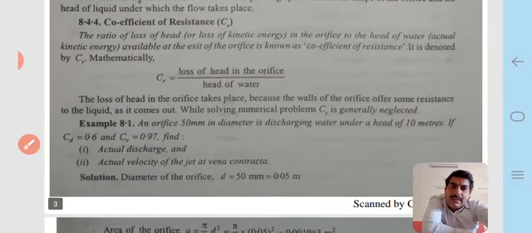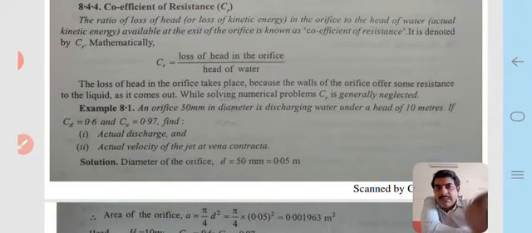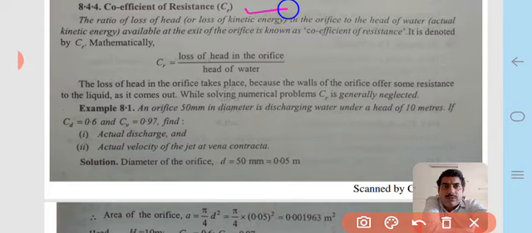Now the next and last coefficient is the coefficient of resistance. It is the ratio of loss of head or loss of kinetic energy in the orifice to the head of water, that is the actual kinetic energy available at the exit of the orifice, and it is denoted by CR.